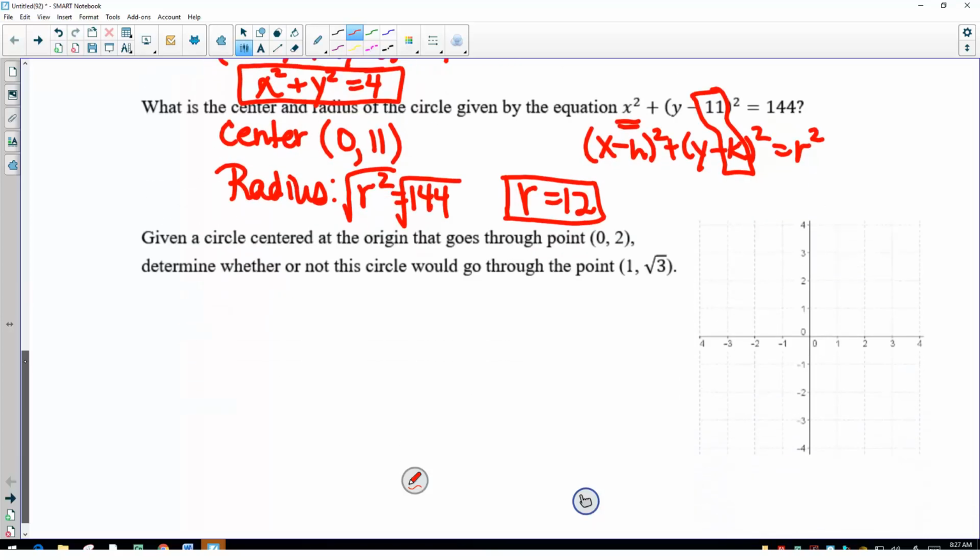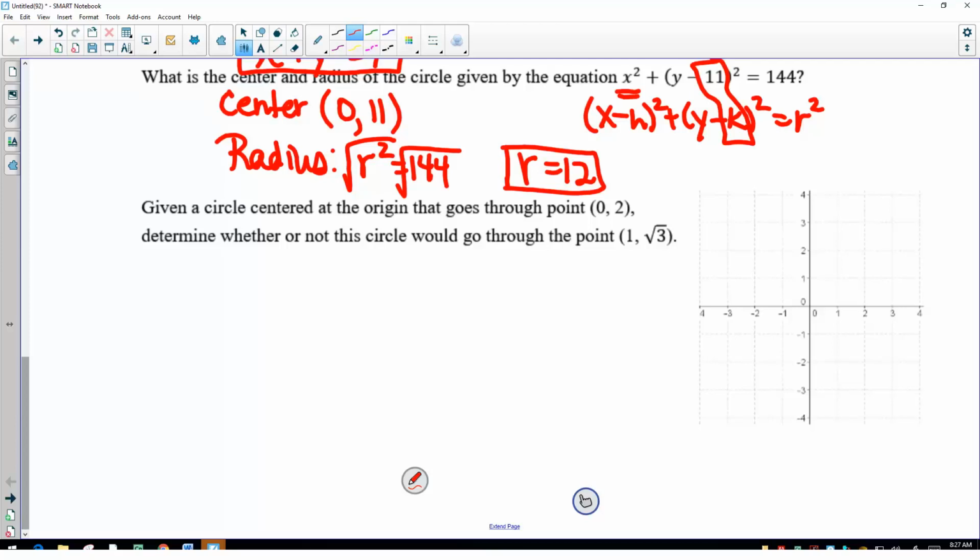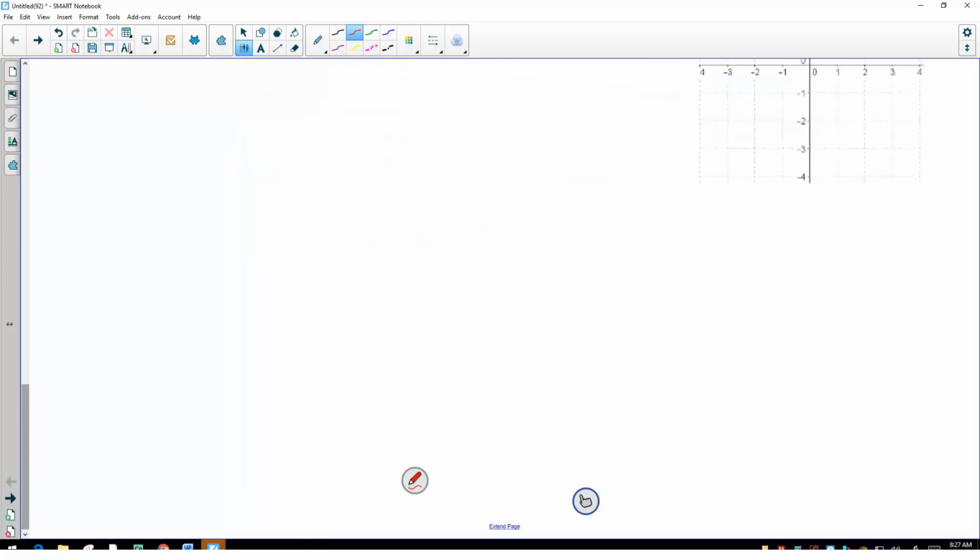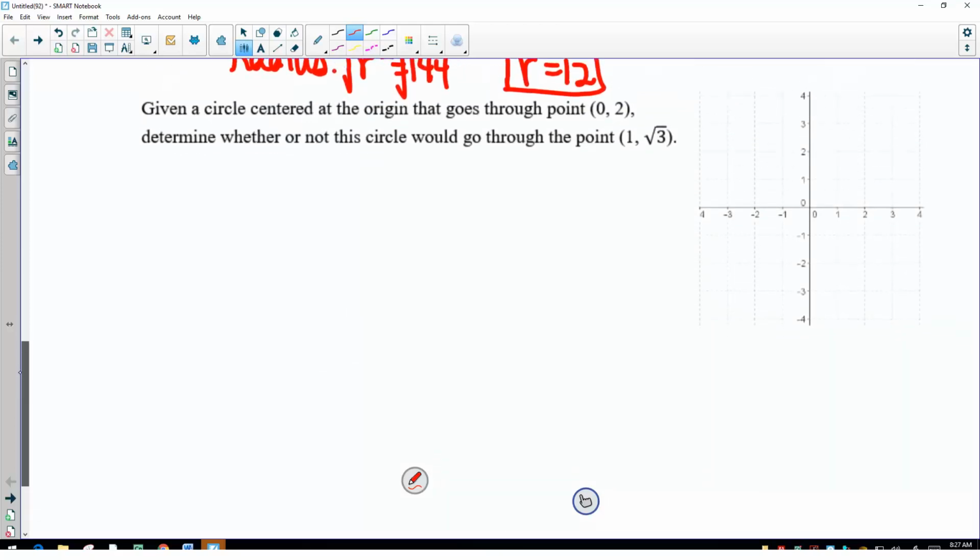Okay, and then the last question we're going to take a look at is one that says we have a circle and it's centered at the origin. So that means if I'm thinking centered at the origin, my coordinate's 0, 0. And it goes through the point 0, 2. So here's my center. It goes through the point 0, 2.